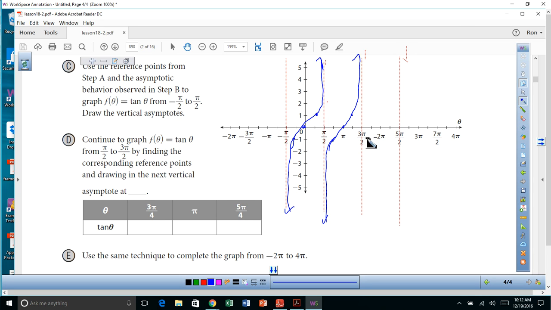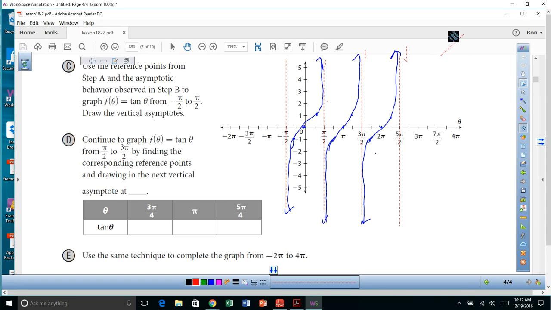Again, we got reference points here, here, and here. It gets real close to it, but it doesn't actually touch it.